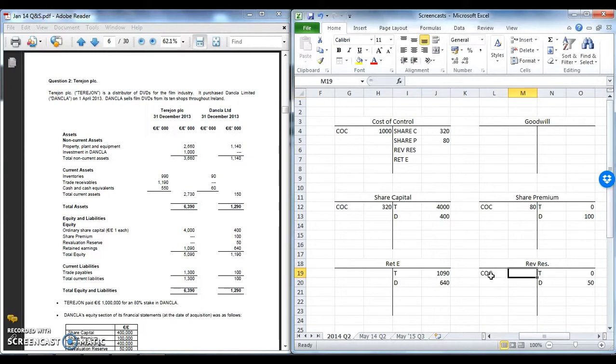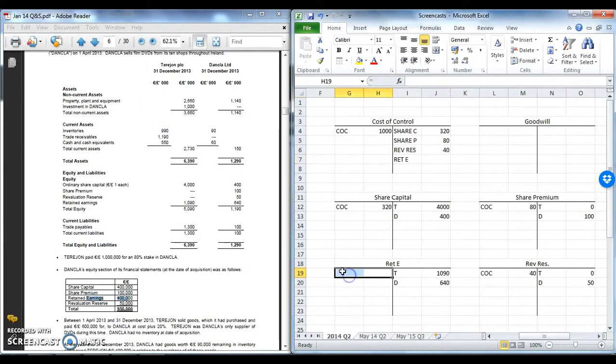Revaluation reserve, again 80%, so that's 40. And here we're not looking at 80% of this, we're looking at 80% of the pre-acquisition earnings. So the cost of control here will be 80% of the 400, which is 320.